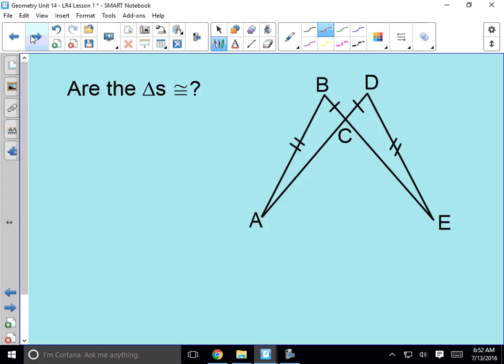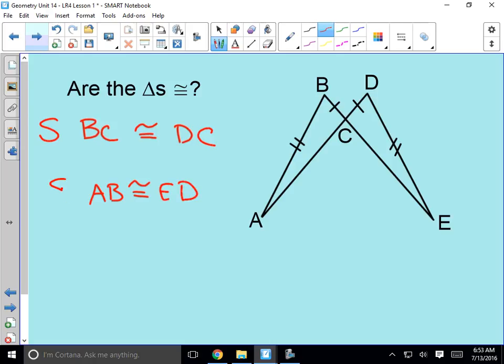Now, last one we have here, looking at our last example. Are these triangles congruent? We're off to a good start. We've got BC is congruent to DC. That's given, that's a tick mark, and that's a side. We know that AB is congruent to ED.